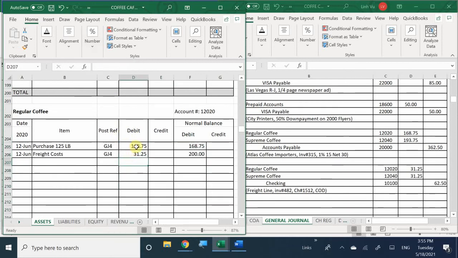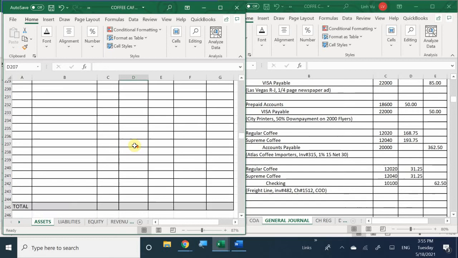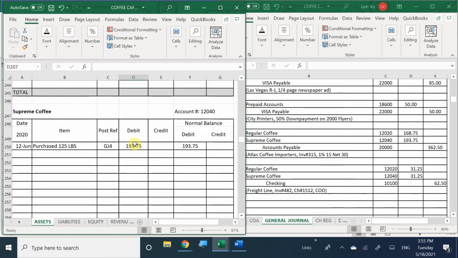Okay, so now we also have to do the same thing to my Supreme coffee. So here, the 12th, right? And where this is freight cost. Okay, general journal number 4. And once again, we split the cost 50-50. So $62.50 divided by 2 gives an additional $31.25.